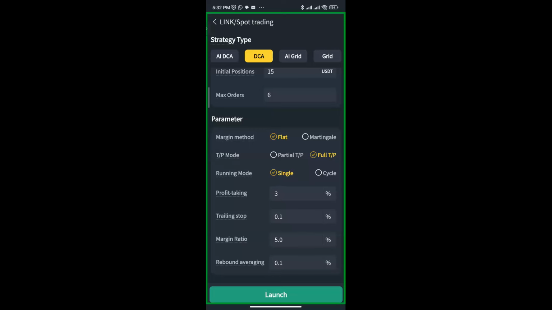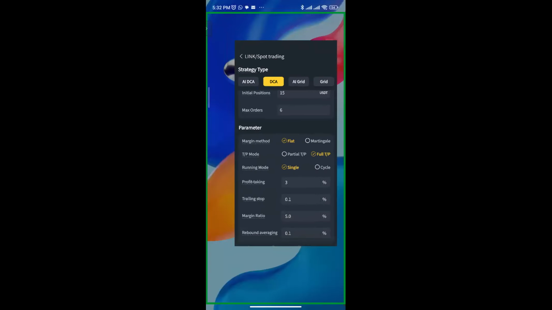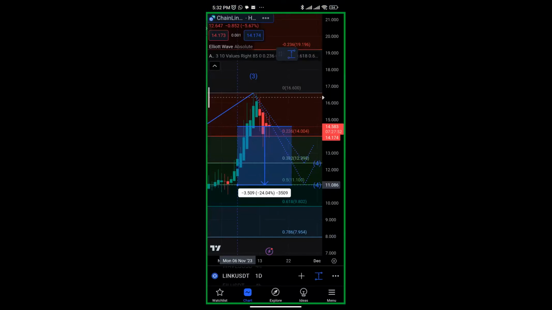The next is, what's our margin ratio? Remember what we did? We saw this here, and we said this is a 24% drop. So we divided it into about 5 places. You can divide it into 6 places.